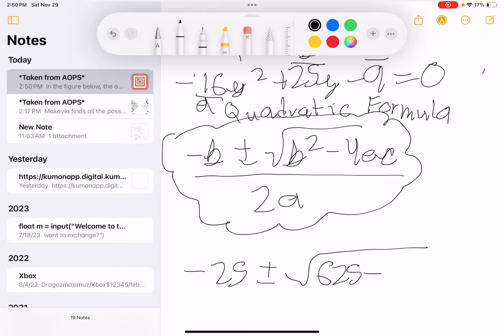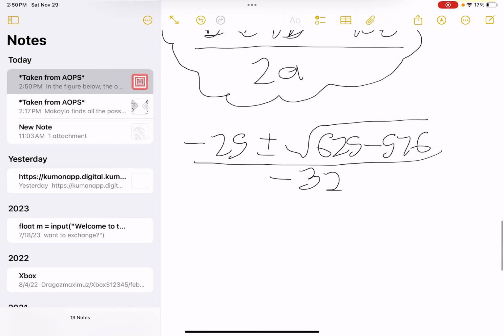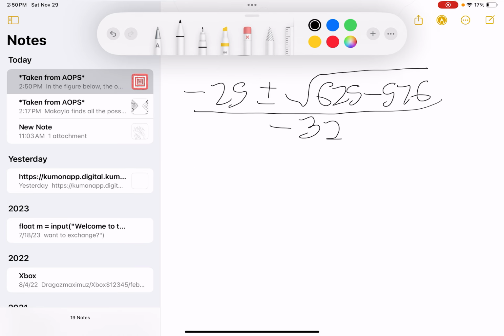So it's 625 minus 576, over 2a, and 2a is equal to 32, so negative 32 in the denominator. Now it's just a home run.